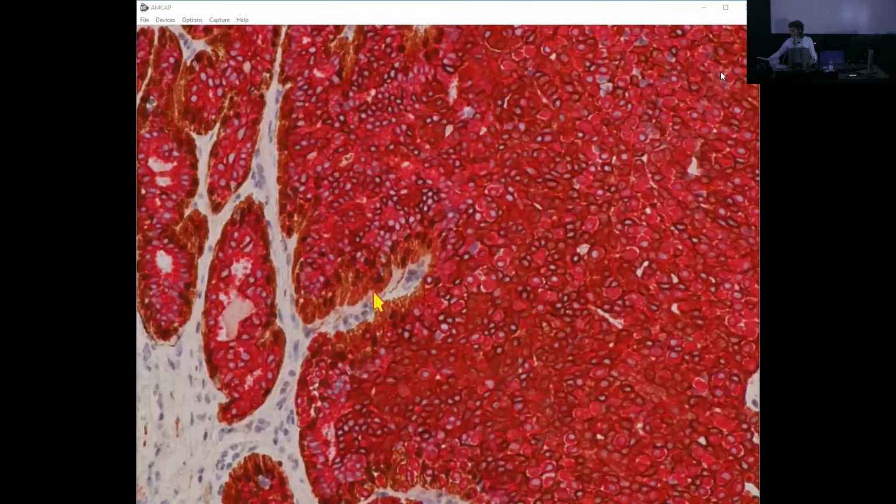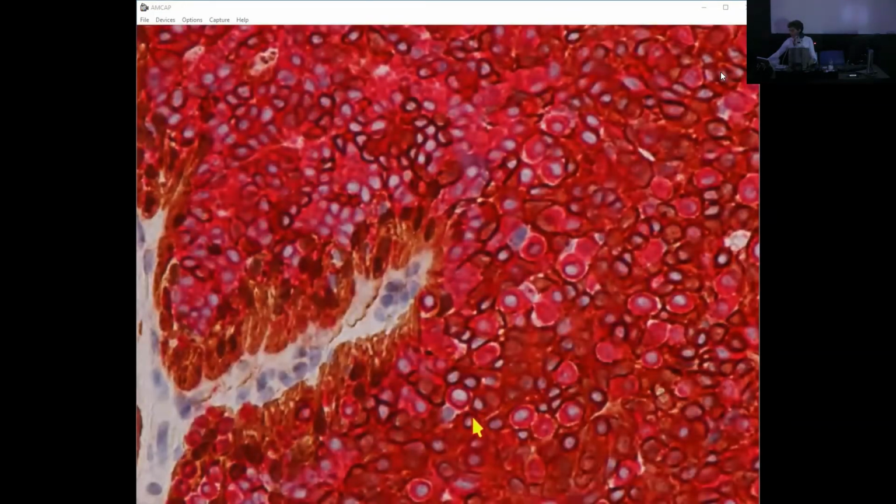Here are the brown nuclei stained with P63 all around the acini, but in these areas the cells are almost raised up, more towards the center of the proliferation. And then there are a lot of these brown cells that are probably UDH cells.